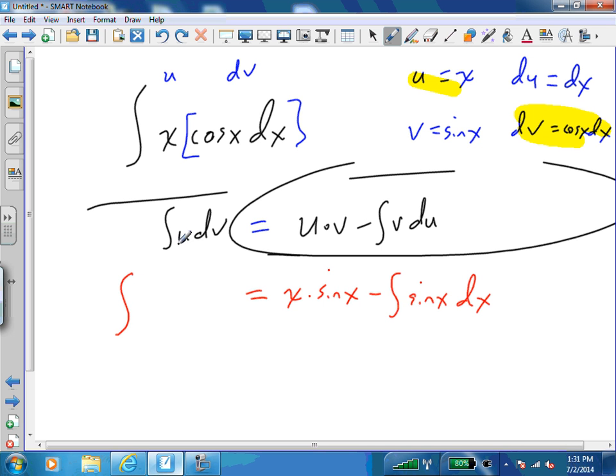Basically, this is u, this is dv, so this is the answer to our integration problem. But we're not done. The answer to our integral, notice, still has an integral in it. So we need to integrate this.